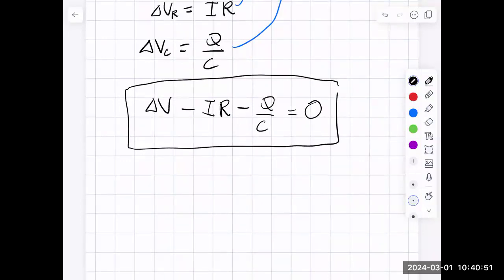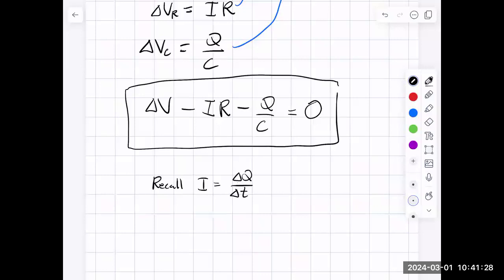Well, one thing we could do is recognize that charge and current are related to one another. So recall that current was the change in charge per unit time interval. So if we have in our circuit some little surface and we count how much charge crosses that surface in a time delta t, and then we take that charge across the surface divided by the delta t, that tells us what the current is at that moment.